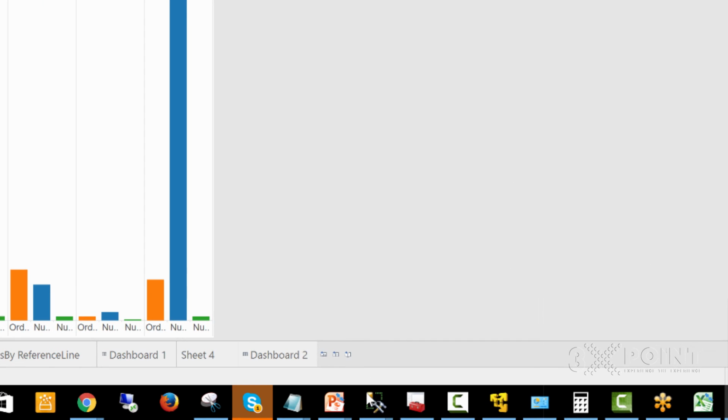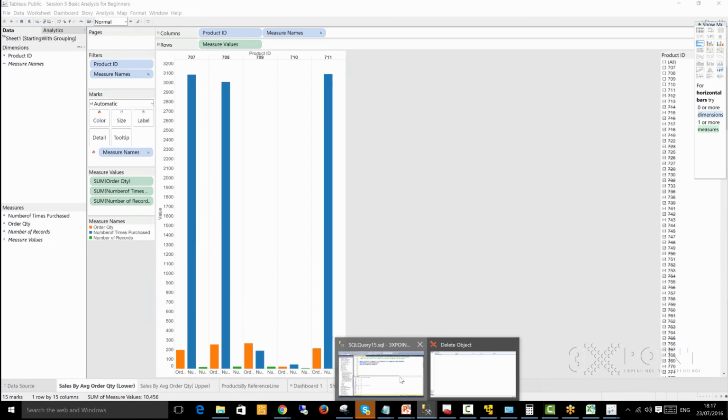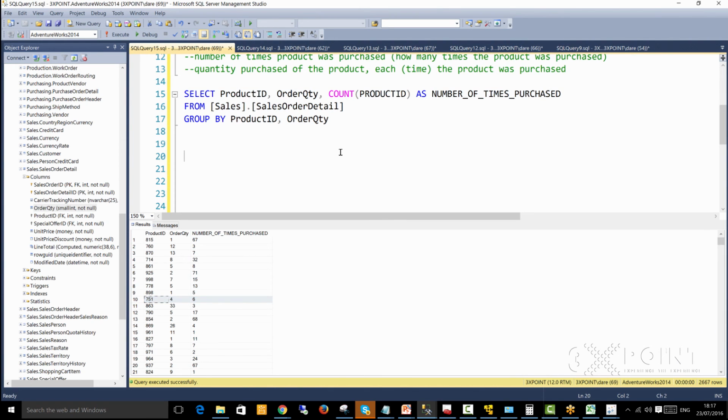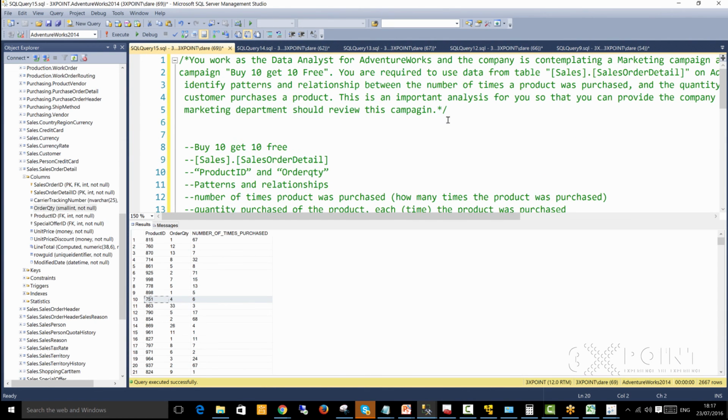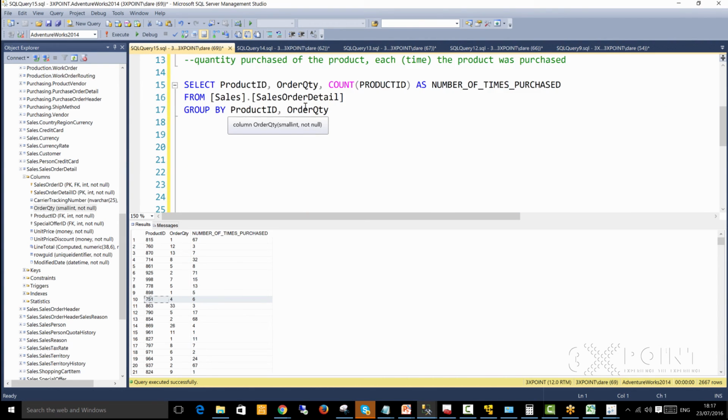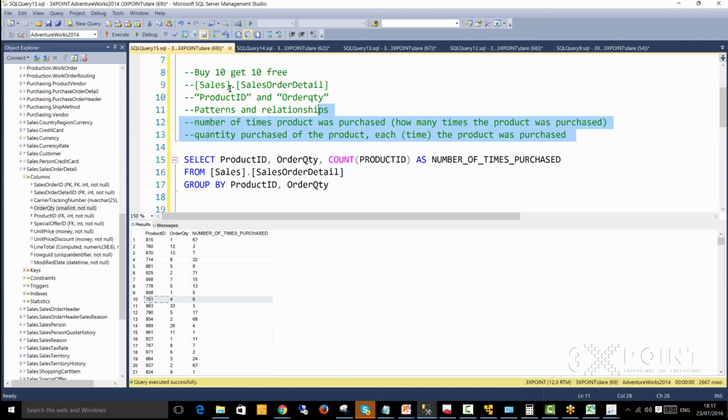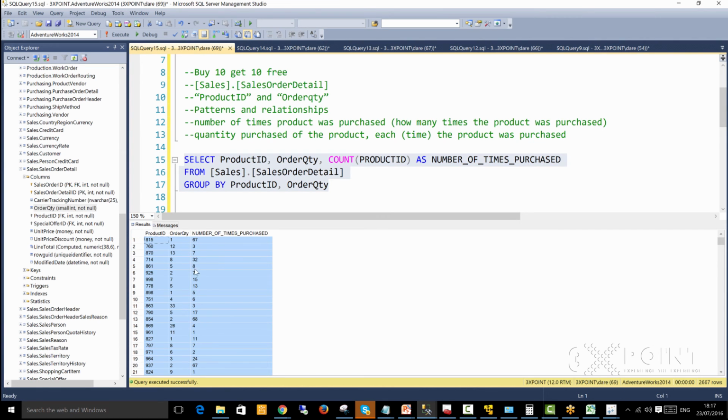The bulk of the work, to be honest, is actually bringing up your query at first and understanding what is required of you. Once you understand this and you're able to narrow it down and eventually turn it into something that can be presented in the form of data like this, you could easily just export it into an Excel file, bring it into Tableau, and start doing analytics with it.